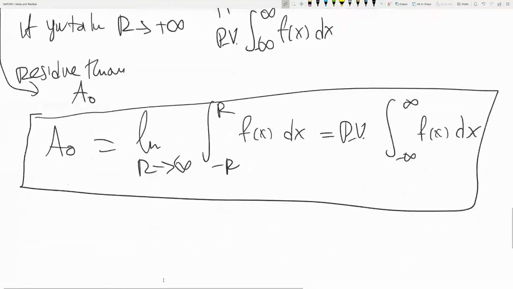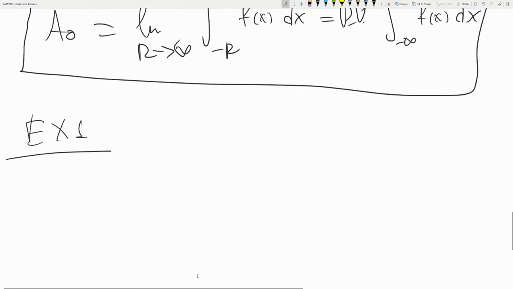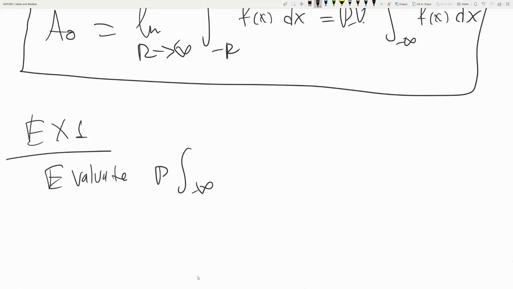Let's do an example to give you a flavor. So evaluate the real integral, the principal value, of 1 over x squared minus 2x plus 2.